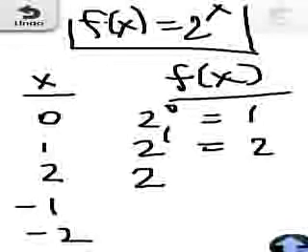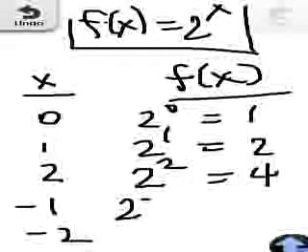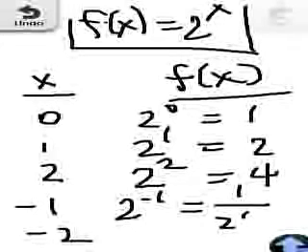2 squared is 4. Now for the negatives, you have to go back to algebra. Remember, what's the definition of a negative exponent? 2 to the -1 power is actually the reciprocal, 1 over 2 to the 1 power. Positive, remember? So that's 1/2.